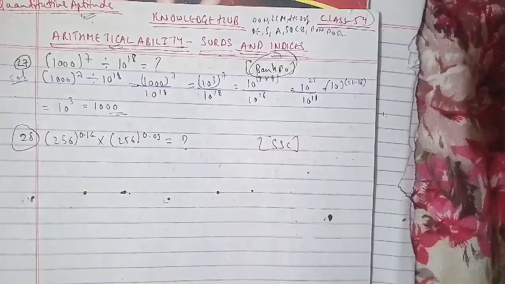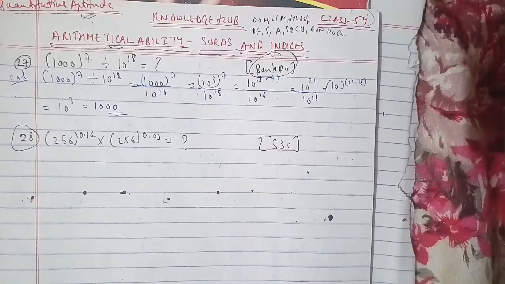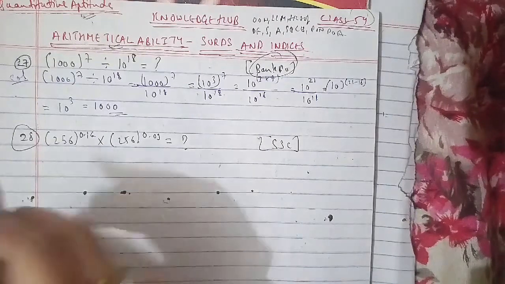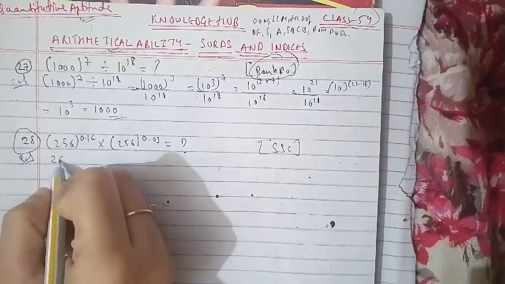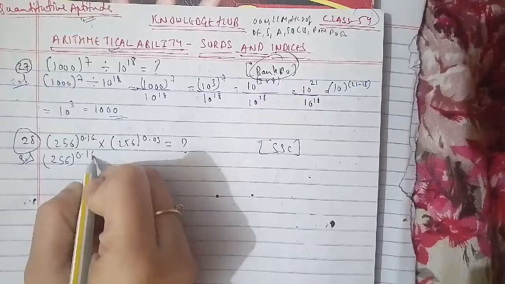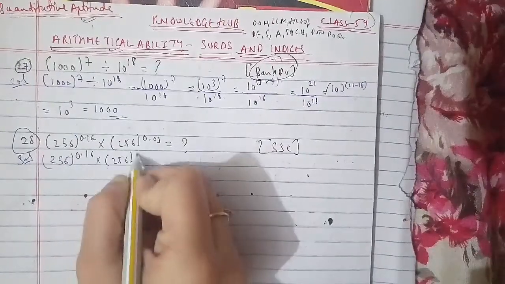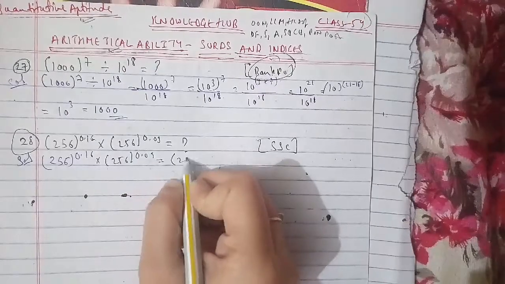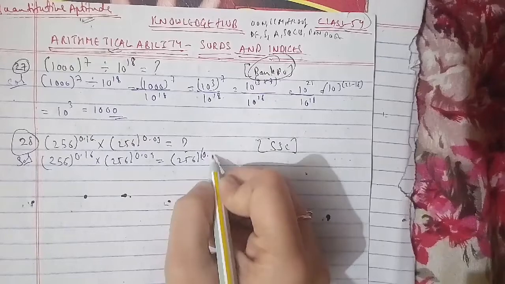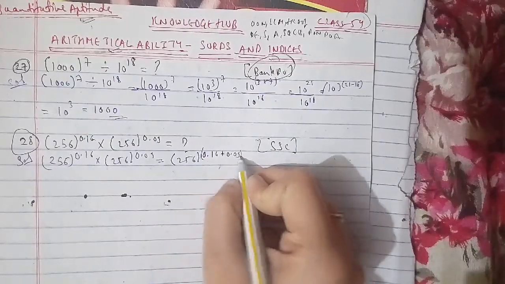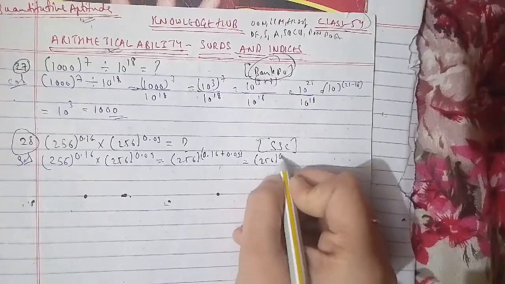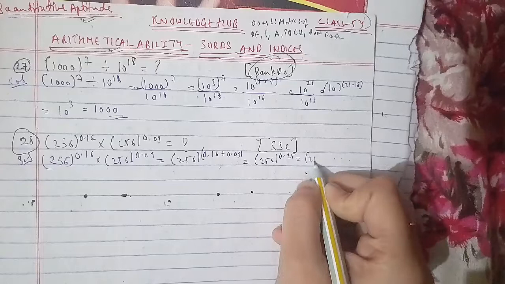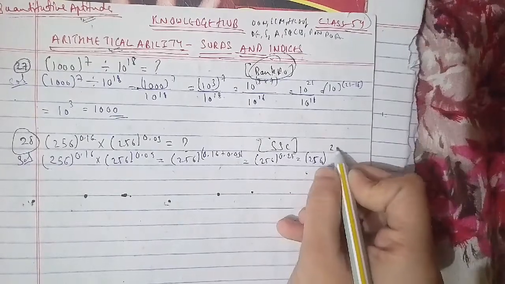So we'll go ahead with the solution for the same. 256 power 0.16 into 256 power 0.09 equals 256 power 0.16 plus 0.09, which is 256 power 0.25. That is 25 upon 100, so it becomes 256 power 1 by 4.